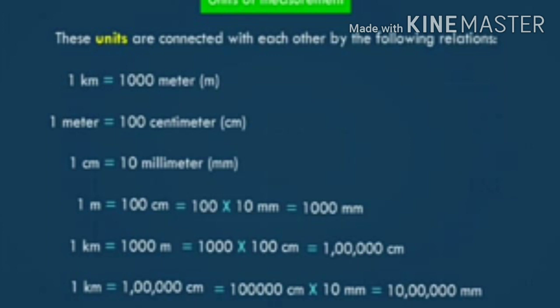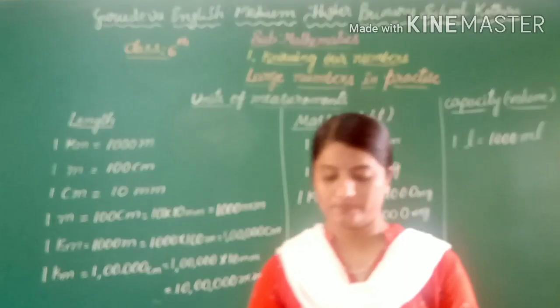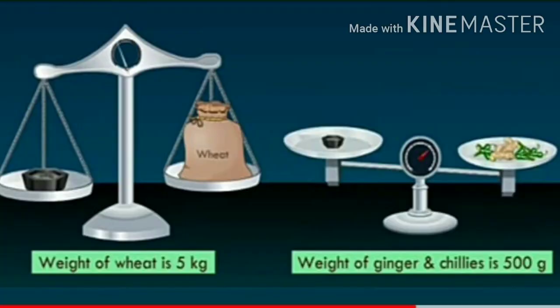Then the next one is mass or weight. When we go to the market to buy sugar, rice, wheat, etc., we buy these items in kilograms. But items like ginger, chilies, spices, etc., are measured in grams.